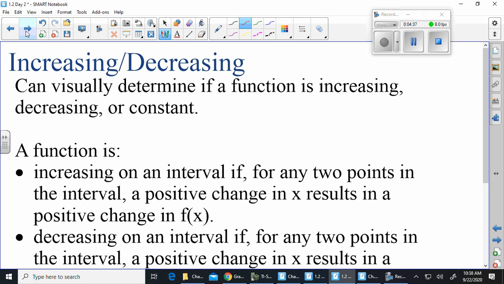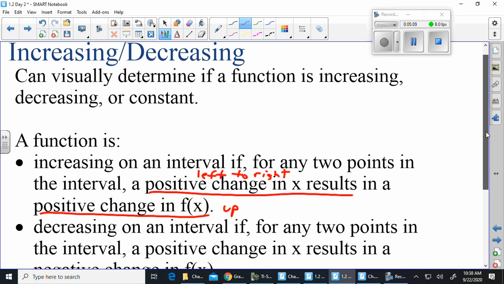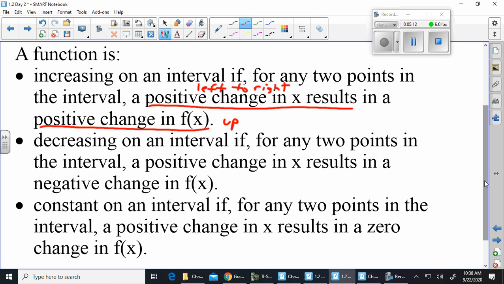So you visually determine if a function is increasing, decreasing, or constant. It's increasing if a positive change in x, which is left to right, results in a positive change in f of x, which really means it's going up. It's increasing if from left to right it's going up.